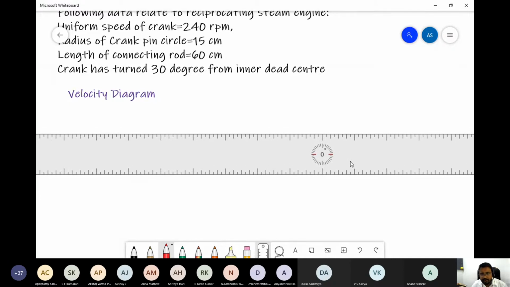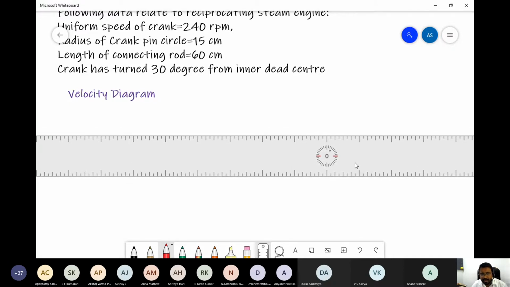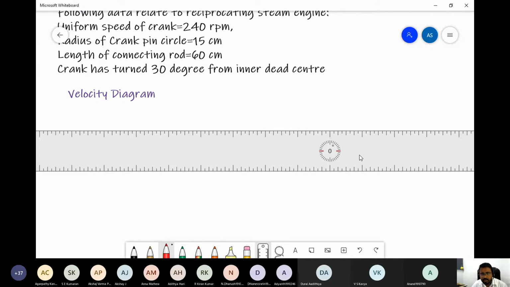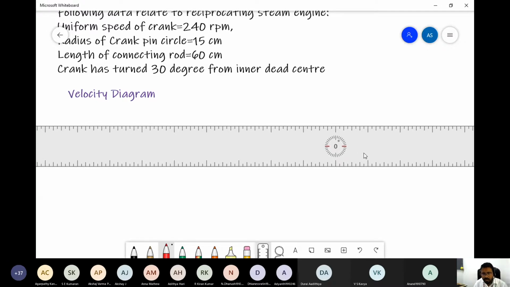So what is given? First we have to draw the axis of it. I'm drawing the axis of it. I'm taking some color. So this is the axis of the diagram.